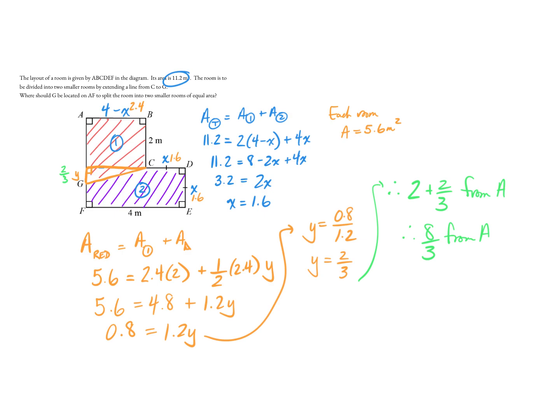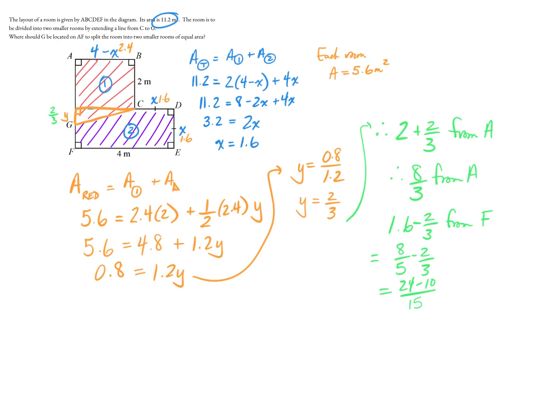Or I could, of course, give my position based on F. Well, if that's 2/3, then really what I have is 1.6 minus my 2/3 from F. And if I look at 1.6, 1.6 is 8/5. So that's going to end up giving me a common denominator of 15ths. So that's 24 minus 10 of them.